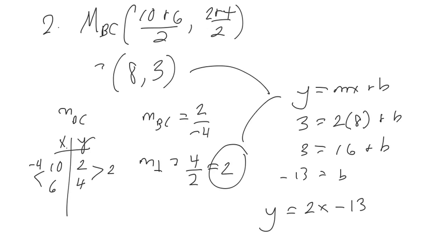Okay, so I finished the first two steps of finding the circumcenter. I found the two perpendicular bisectors, and now I need to go to the last step, which is finding the point of intersection. For this last step, I'm going to take my equations, y equals 2x minus 13, and y equals negative 2x plus 11.